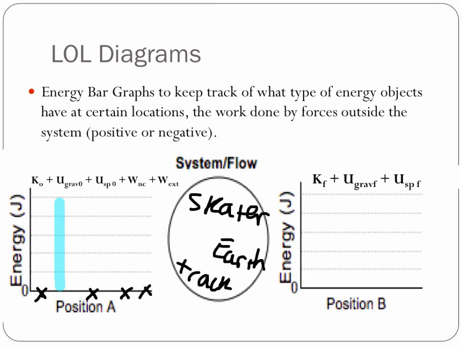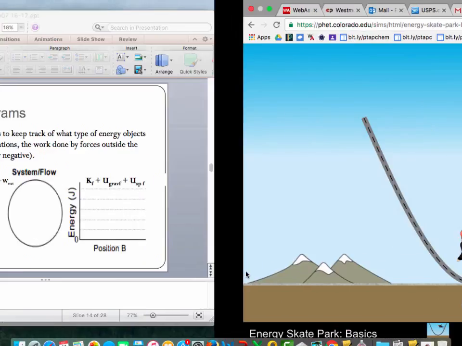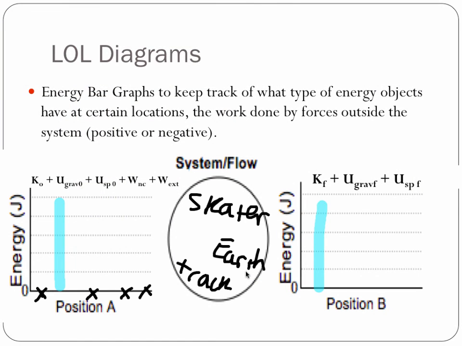If I go to my second scenario, let's take the second point to be when the skater reaches the bottom. I had the gravitational energy at the top, and right here at the bottom, he's moving pretty quickly. If I go back to my scorecard, at the bottom of the track he's got kinetic energy now. He's moving as fast as possible. He's lost all gravitational height energy, and still there's no spring involved.